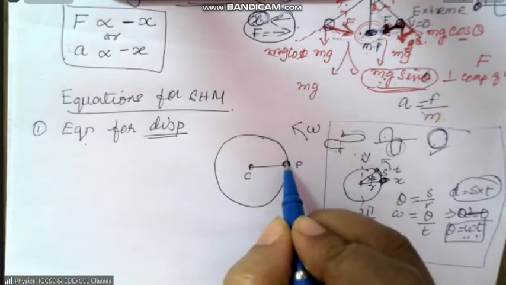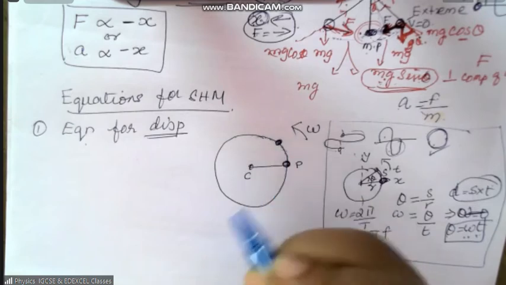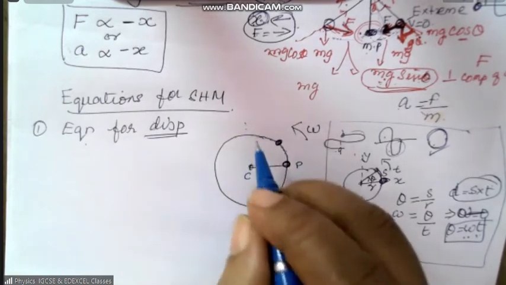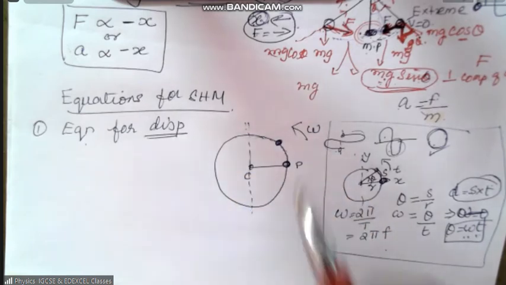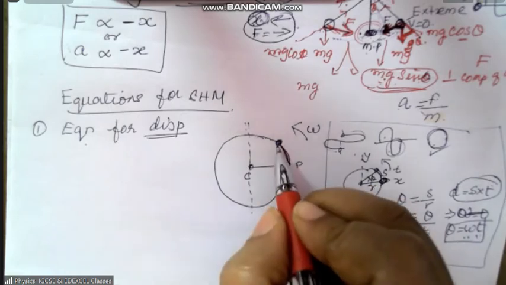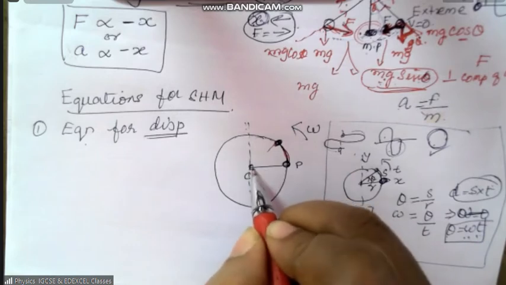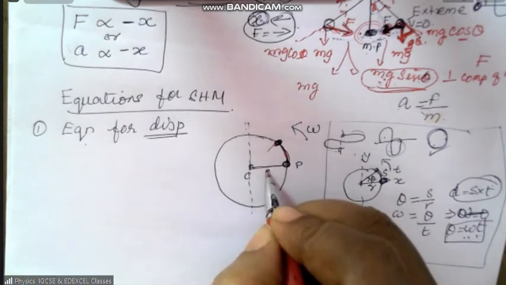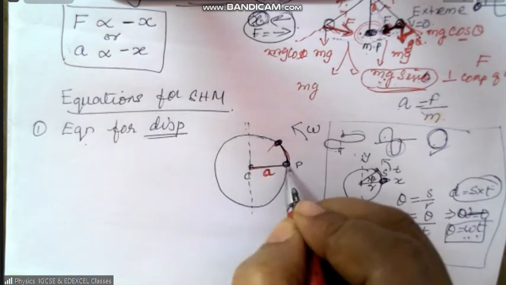When the particle moves after some time, say the particle is over here, the particle actually moved along the circumference to this. This is its maximum distance, so this can be called the amplitude. Maximum it can go.